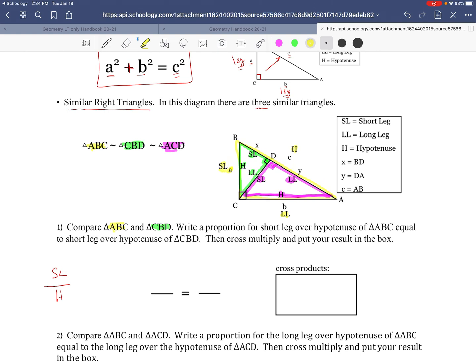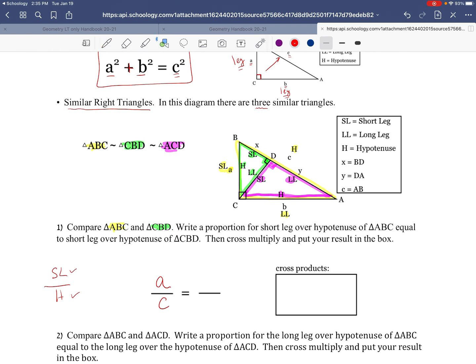You see that? The short leg is side a. The hypotenuse for ABC is side c. So short leg over hypotenuse is a over c for triangle ABC.